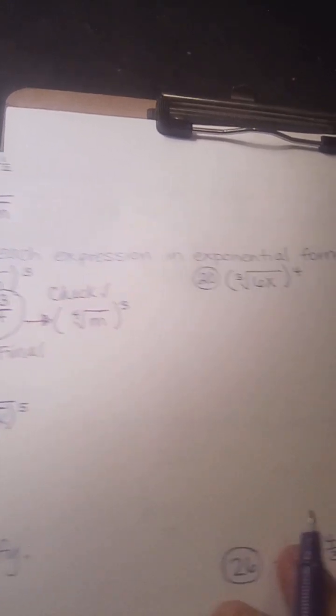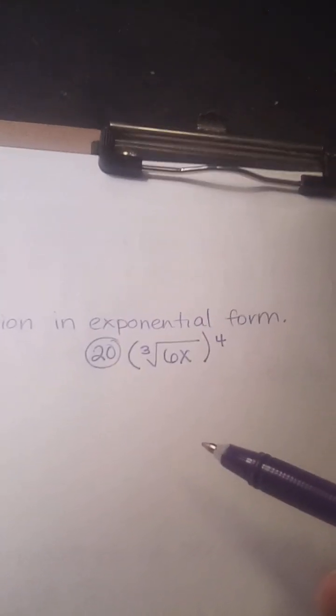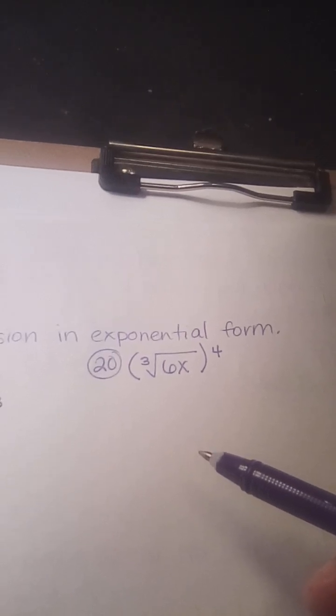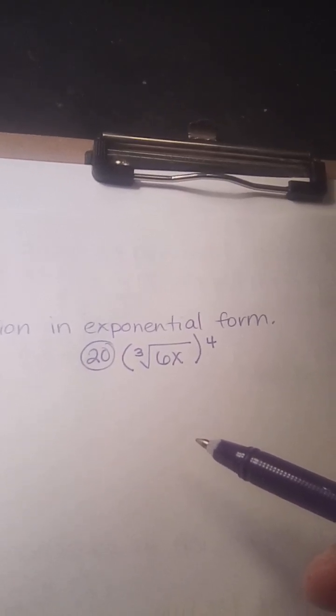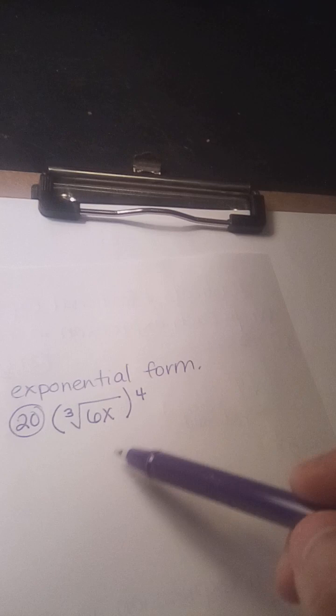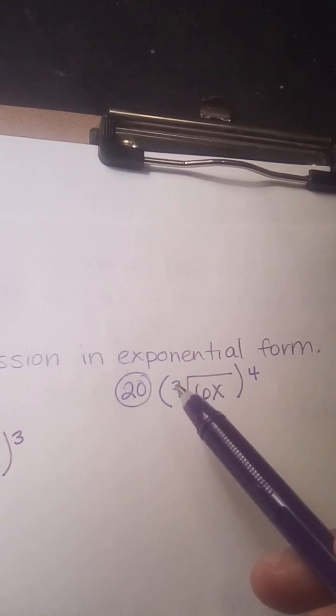All right, let's move on to number 20. We have open parentheses, the index of 3, square root of 6x, close parentheses, the power of 4. What is inside? What is the base? Is it a 6x, the 3 on the index, or the 4?